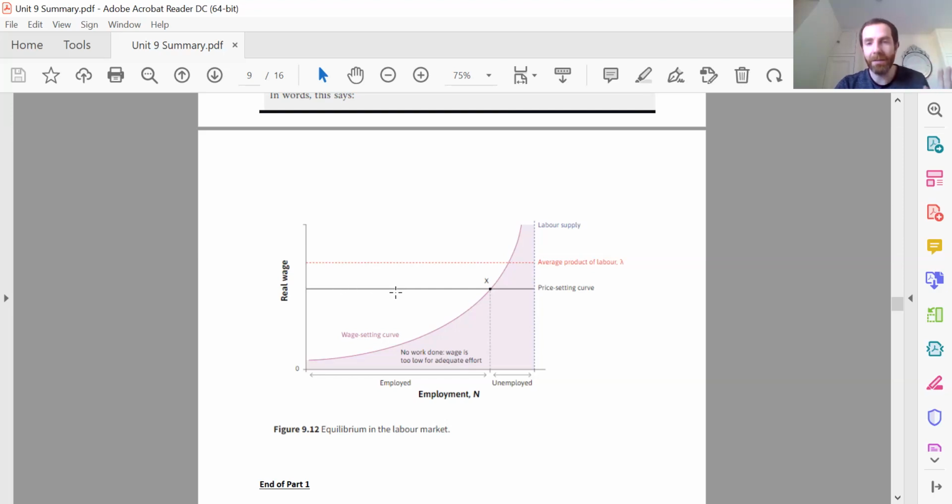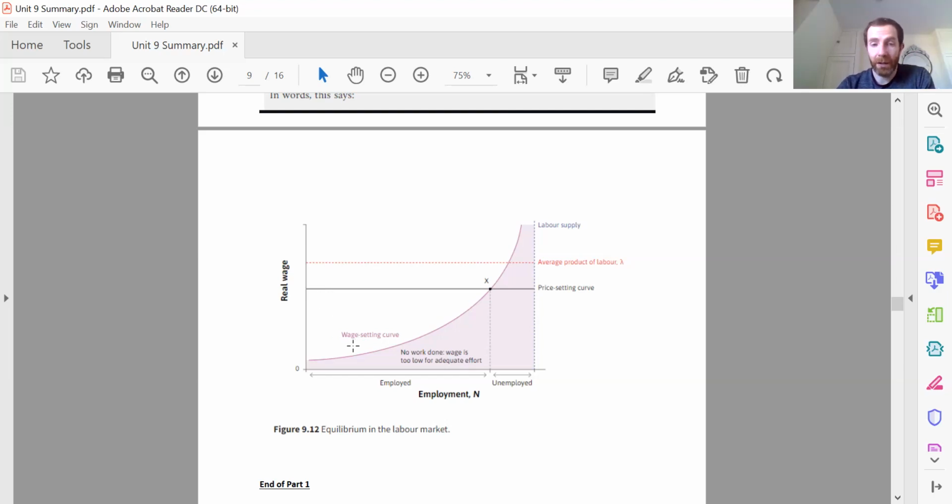So let's go back. Price setting curve. So that comes from what nominal wage firms set, and also what prices firms set. And the combination of a nominal wage and a price level will determine what the real wage is. And that's what the price setting curve shows us. It shows us the real wage that allows firms to profit maximize.